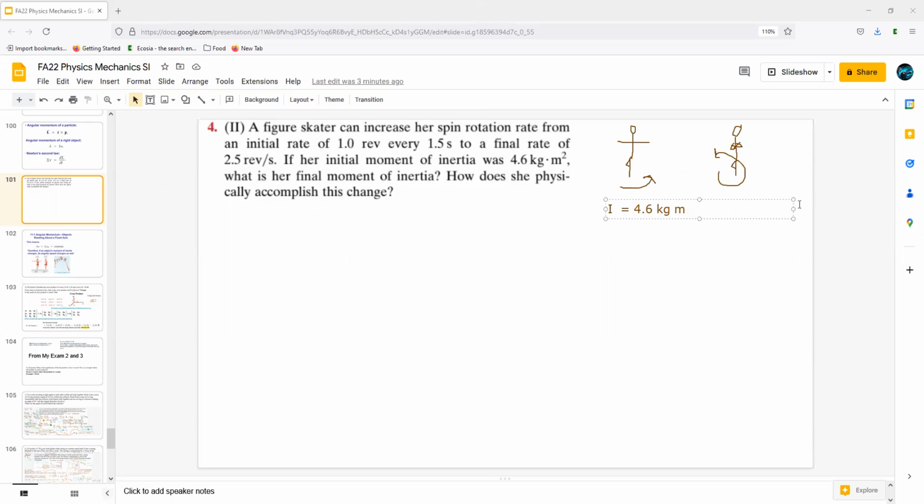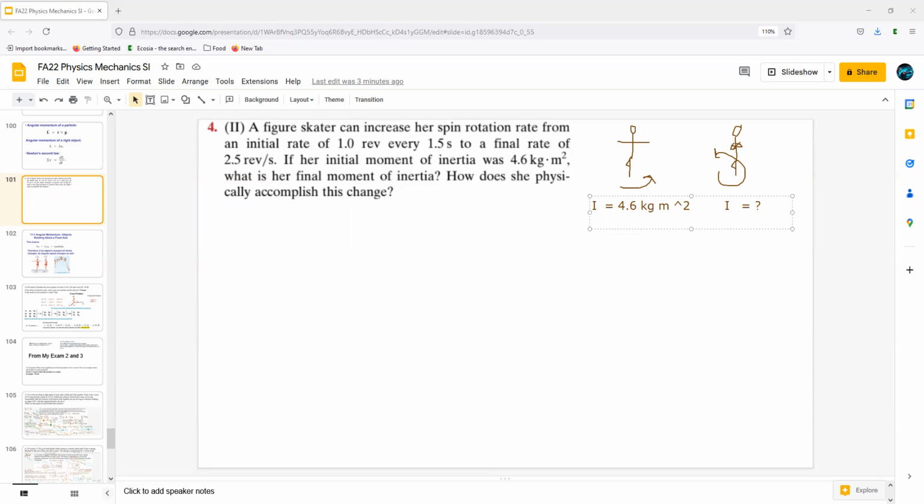Kilograms meters squared. I final is an unknown. That's what we're solving for.